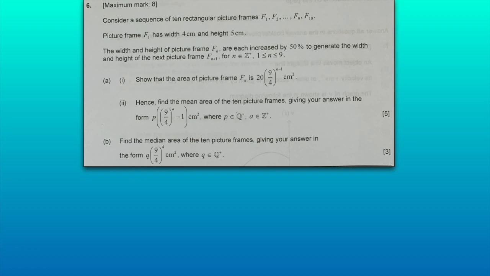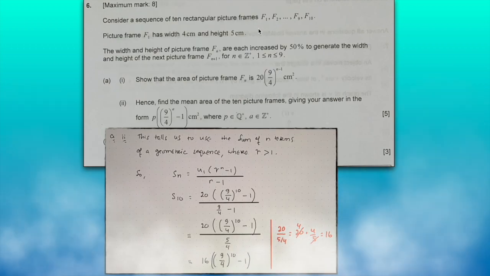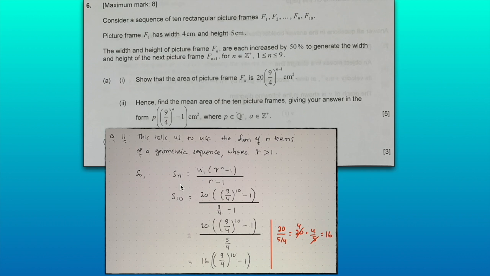For question number 6A, part 2, it says, hence find the mean area of the 10 picture frames, giving your answer in this form. Well, to find the mean, we need to find the total of the areas of the picture frames, divided by 10, and the sum of all of these resembles a geometric series, and this is the formula to find the sum of the first 10 areas.